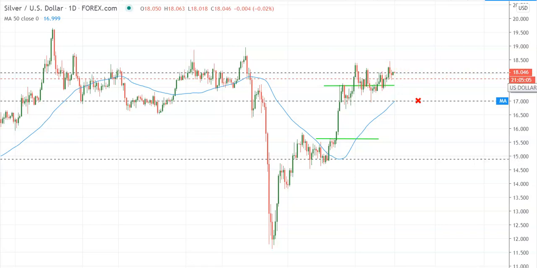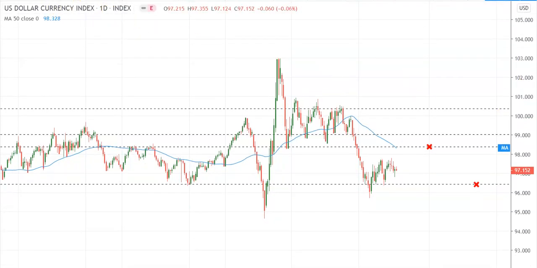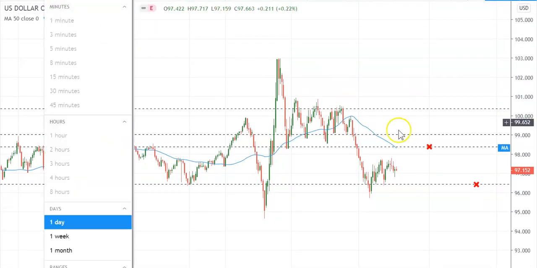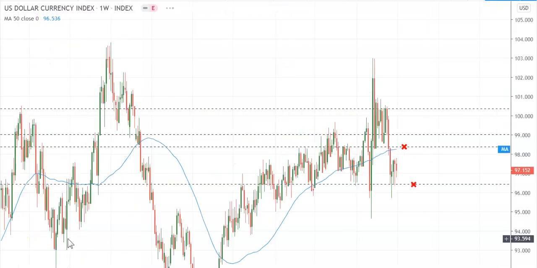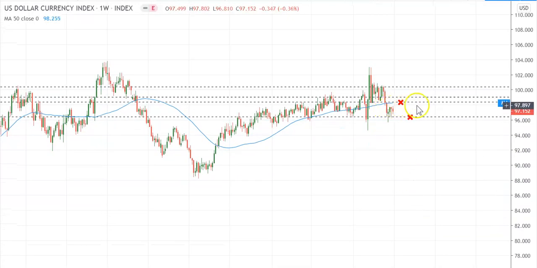Let's just have a look at the dollar index. And you can see that we're just going sideways. There's no real conviction. And we'll just take a look at the weekly chart on it. Yeah, we're just going sideways. These are the key levels here. Another move above 98 could see some decent strength in the US dollar.